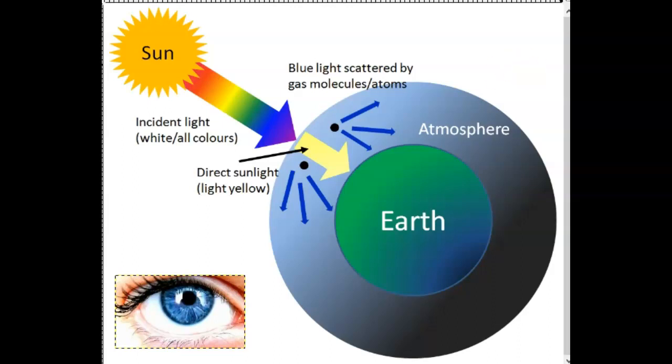They're just the right size to scatter those blue wavelengths. And if it's white, like sometimes it's hazy, there's a lot of particles, that means all the different wavelengths are going to be scattered. So it looks blue because those blue wavelengths are scattered in your eyeballs.